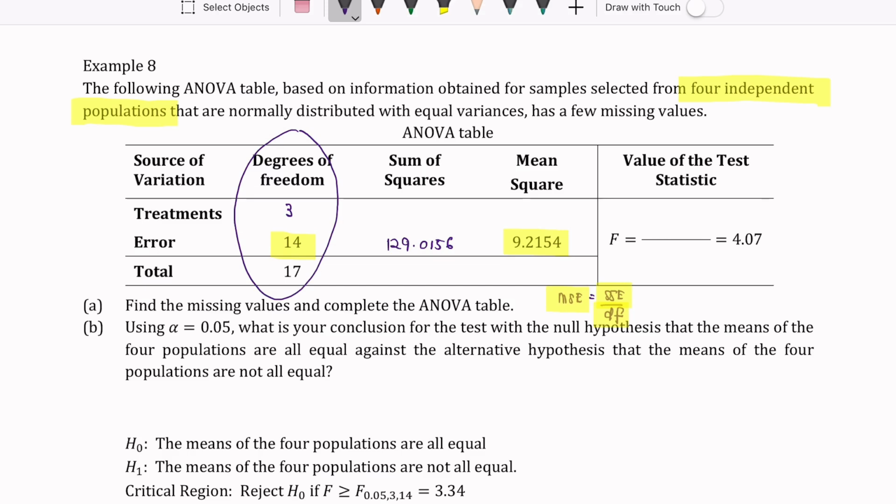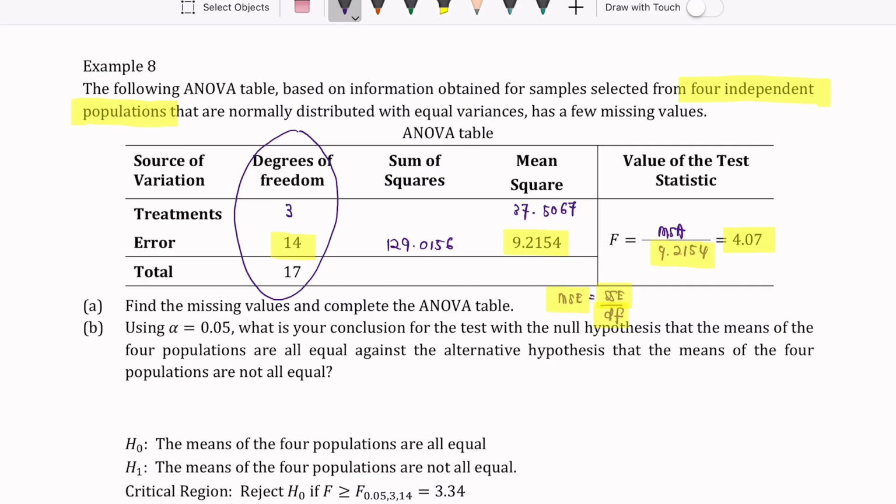Next is to find MSA. We have the denominator value here, 9.2154. So to find the MSA, we multiply 9.2154 with 4.07. And we have MSA equal to 37.5067.